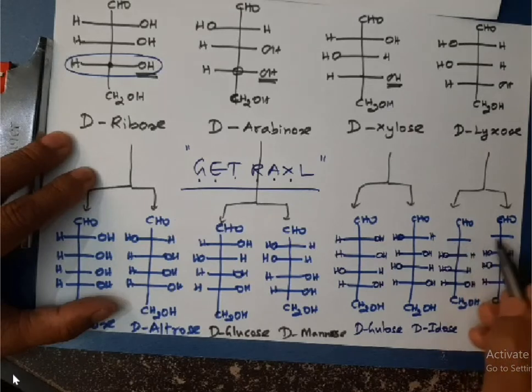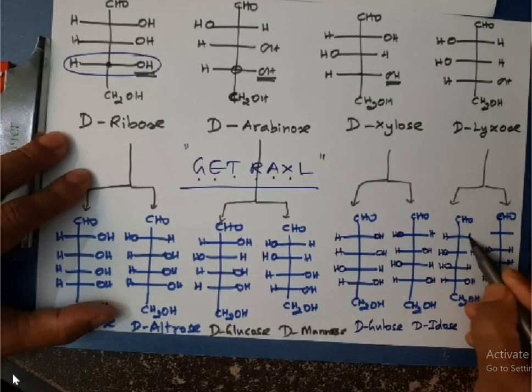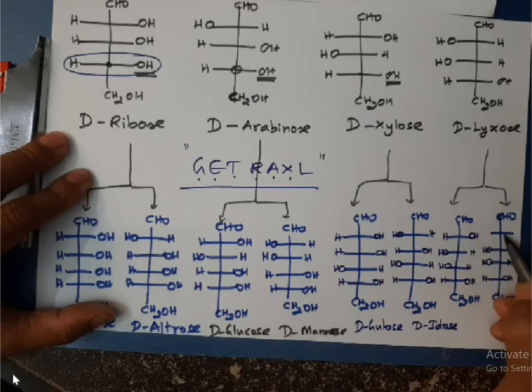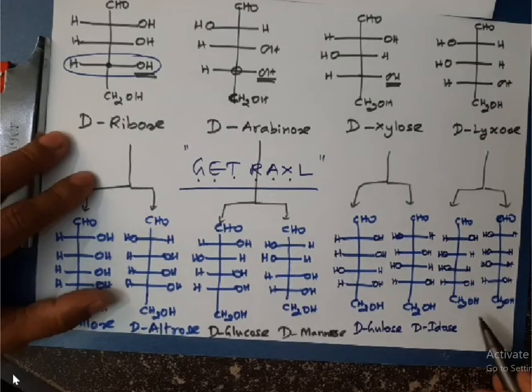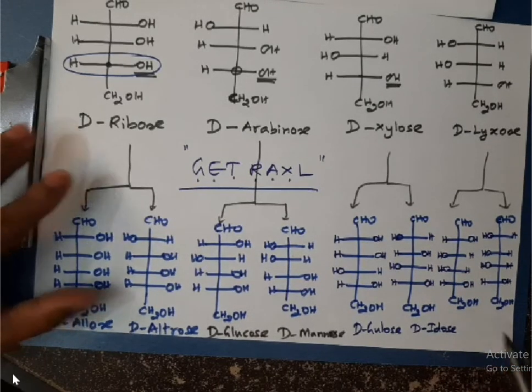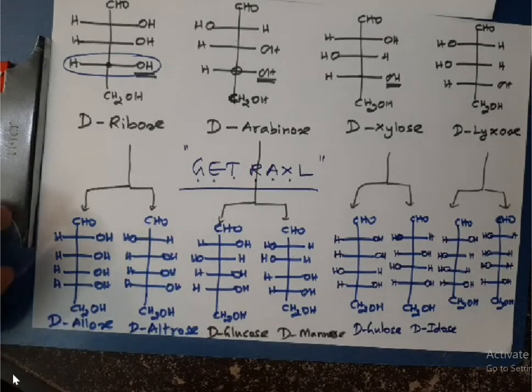Okay, in the newly introduced chiral carbon, I'll put the OH group on the right hand side in one molecule and left hand side in another molecule. Okay, and these two compounds, their names, let me write in a different color so that you can see clearly.